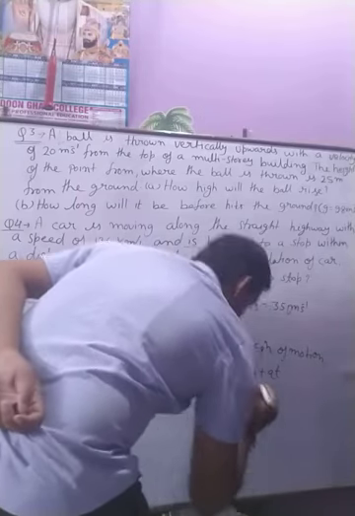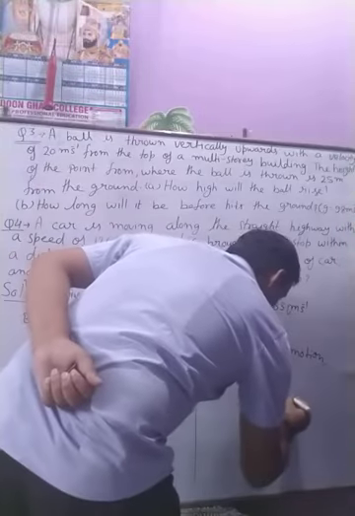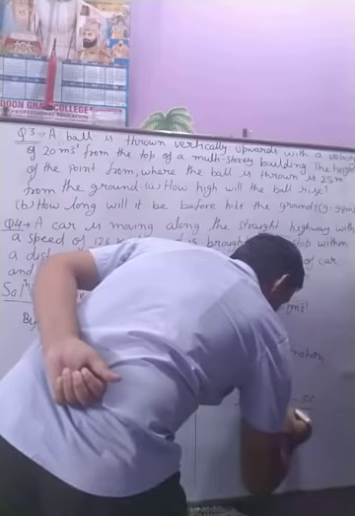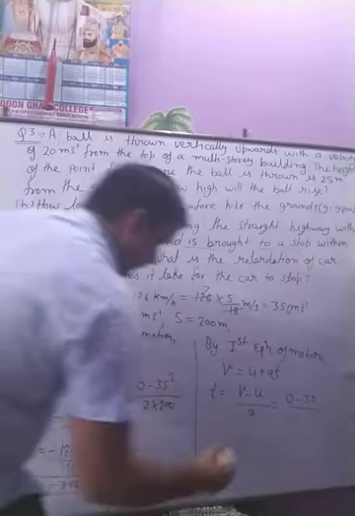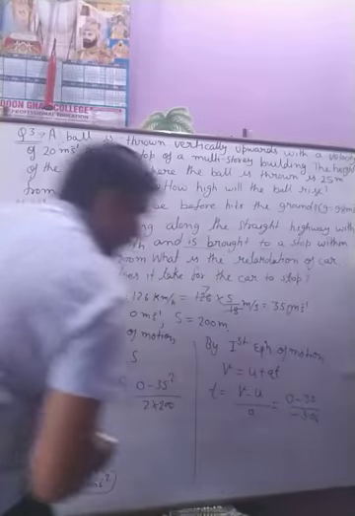Clear? So here we have 0 minus 35 upon minus 3.06. Okay.